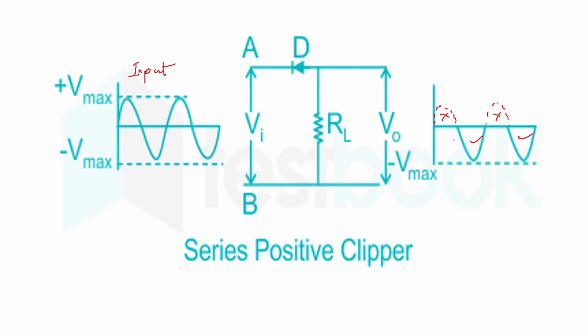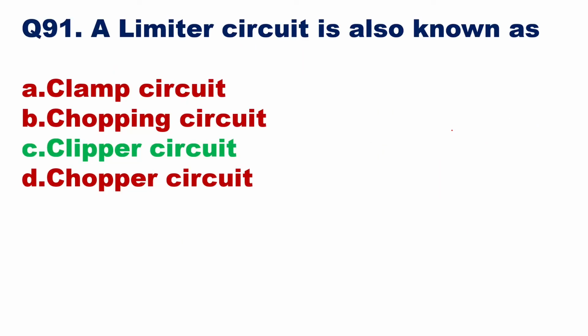Now here the waveform at the output is limited to some point. Whatever you want, you have clipped, and whatever you wanted to get as the output, you have got it as the output. So in that way, you can limit the waveform to some extent, to some portion. Okay, and that is why it is called as limiter. So here, a limiter circuit is also known as clipper circuit.